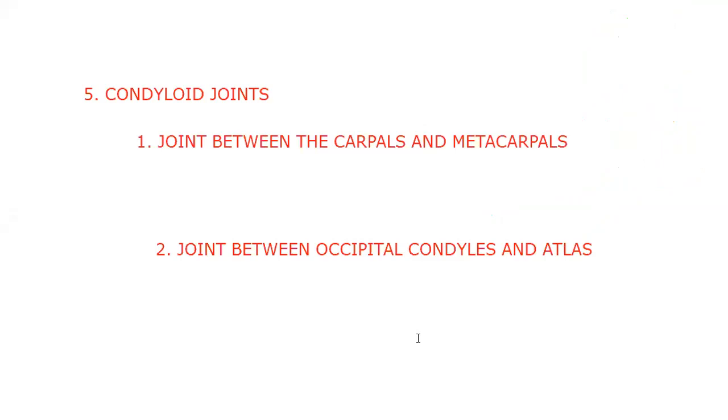And here, within the carpals we have gliding, and carpal connection with the metacarpals, the fingers, the phalanges, is said to be a condyloid joint. So the joint between occipital condyles and atlas is a condyloid joint. Next, finally, we are going with the last joint, that is the saddle joint. The sixth one is the saddle joint.